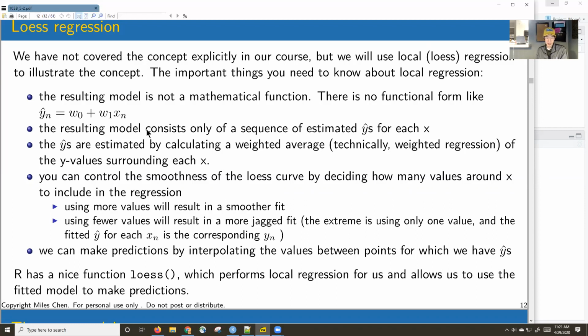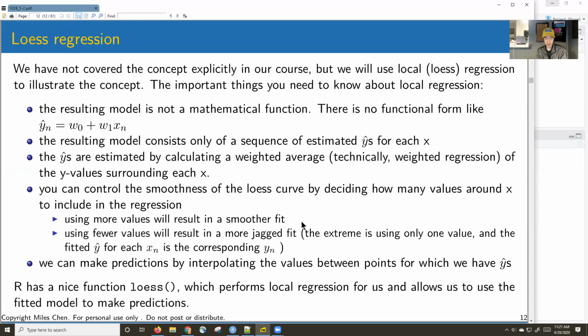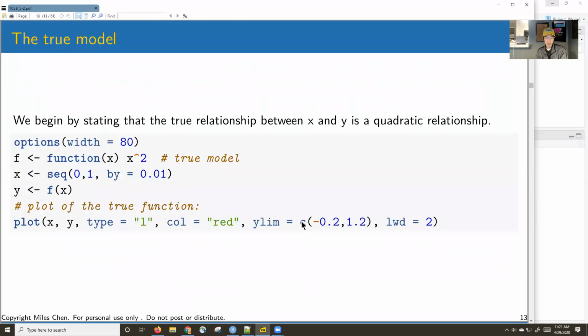There are control parameters for the Loess curve, and inside R you can use the function loess, which performs local regression, and you can have it fit a smooth or a jagged line. A jagged fit will reduce the error, but increase the variance.